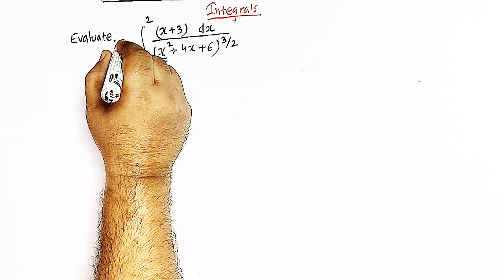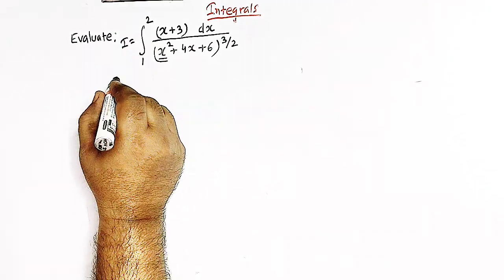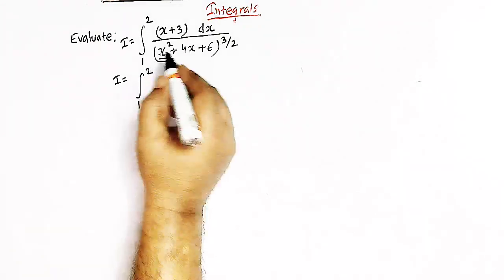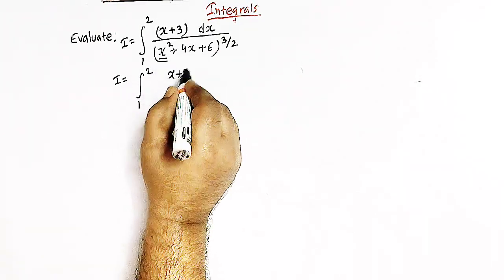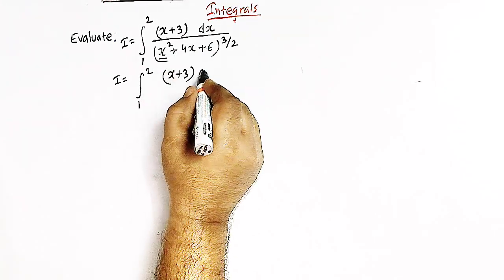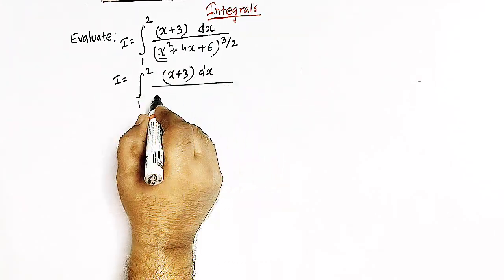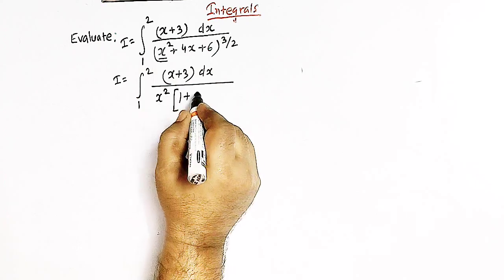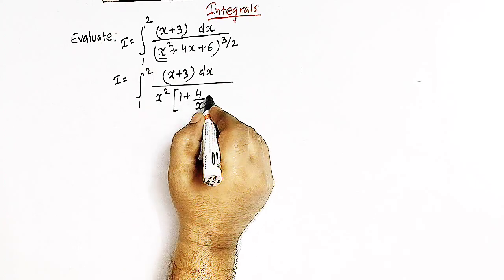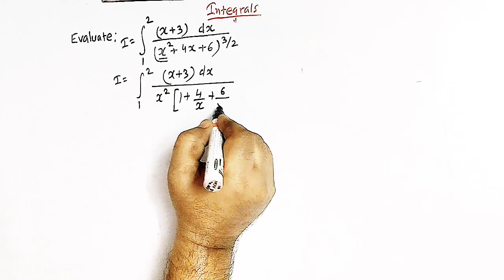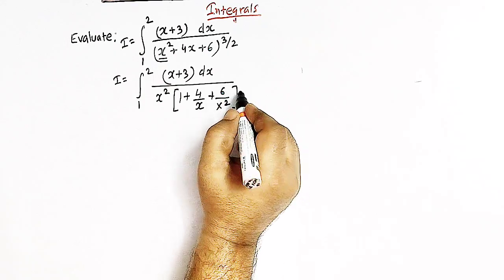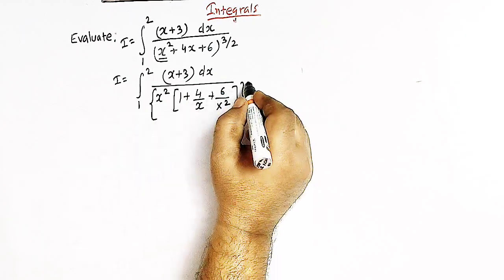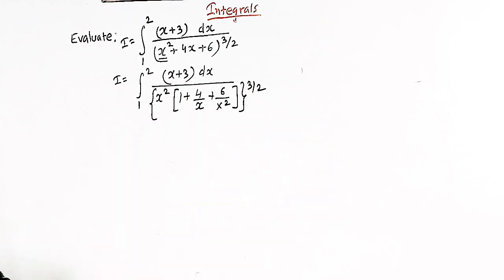So let us call this integral as I, and let us take x square common from the denominator. So we can now write here x square, and then we have 1 plus 4 over x plus 6 over x square, and here we have the power 3 by 2, right?